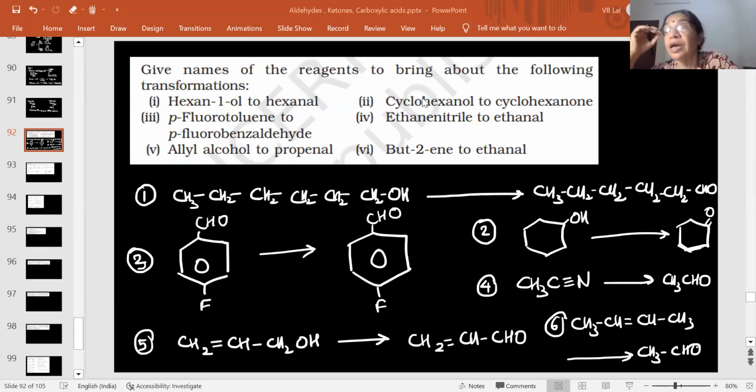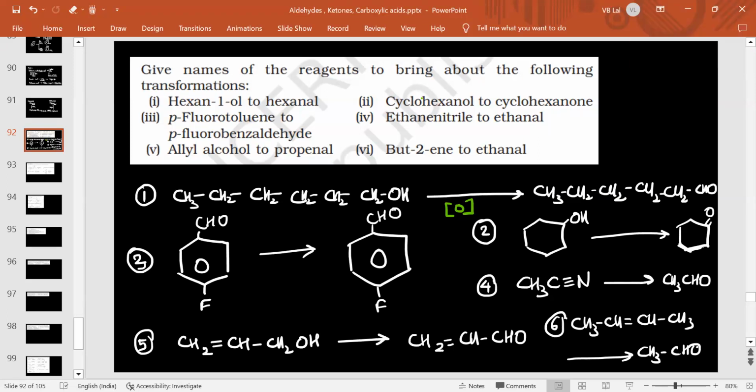How will you convert alcohol into aldehyde? Ma'am, by oxidation. By oxidation, very good. What is the oxidizing agent that you can use to convert alcohol to aldehyde? Which is the oxidizing agent? Ma'am, Cr.